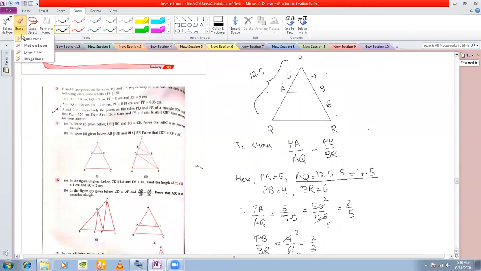So this ratio comes to 50 by 75, which is 2 by 3. So therefore these two ratios are now equal.